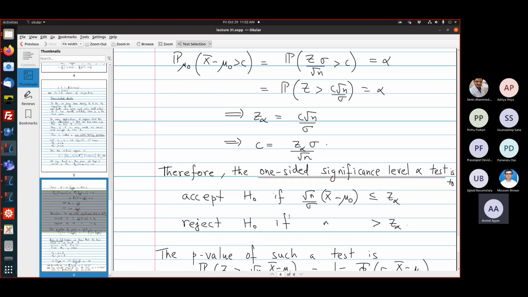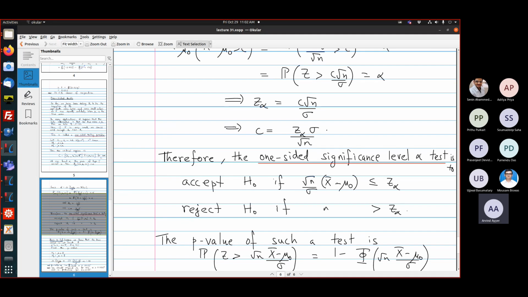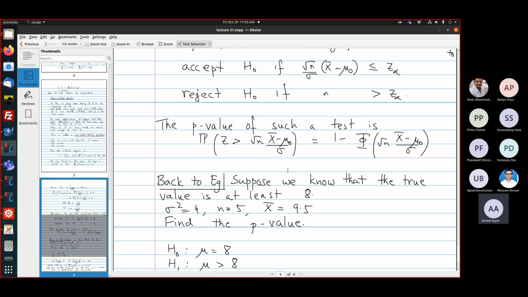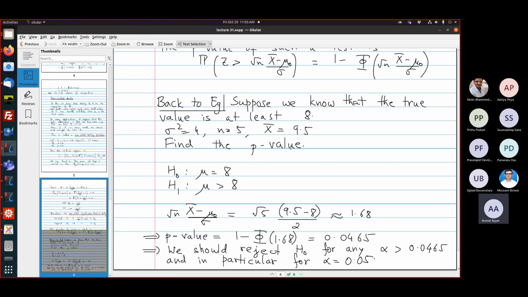For this, we derived the one-sided significance level alpha test: you take the sample mean minus mu naught, multiplied by the square root of the number of samples divided by the known standard deviation, and check whether it is less than or equal to z alpha or not. If it is less, then you accept, otherwise you reject. And you can do this also using the p-value.